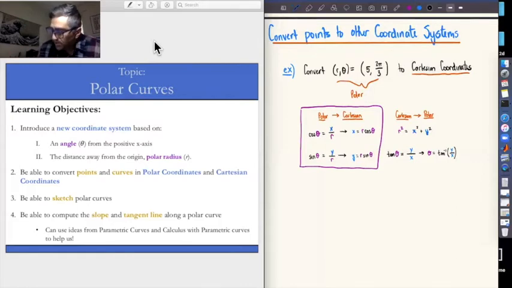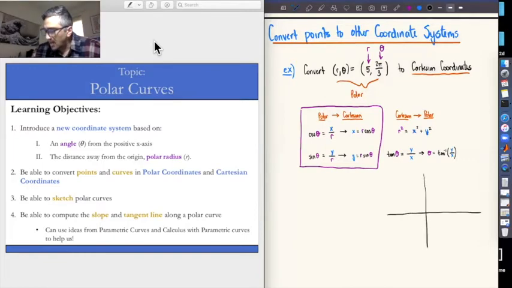So for example, in this case, in terms of our polar coordinate that we're given, we're starting off with r equals 5 and theta equals 2 pi over 3. And before I start jumping in right away to all of these translation equations, I also just like plotting out the point so I know exactly where this point is.